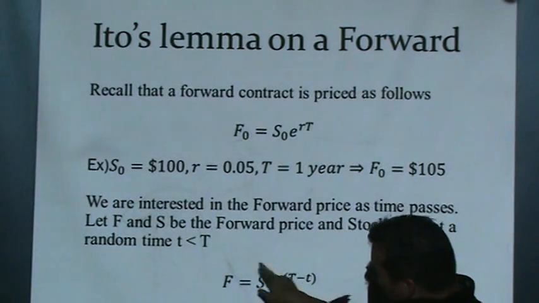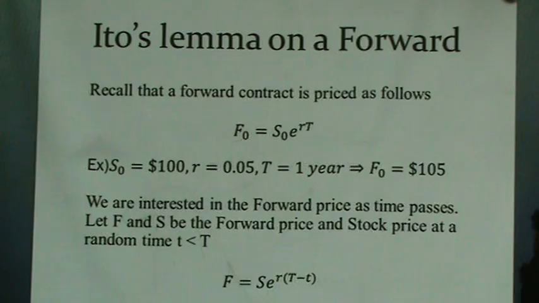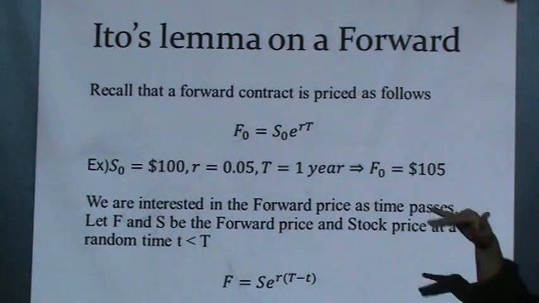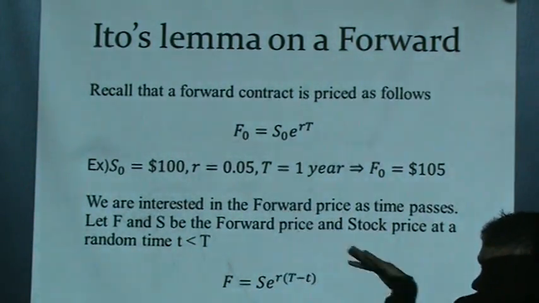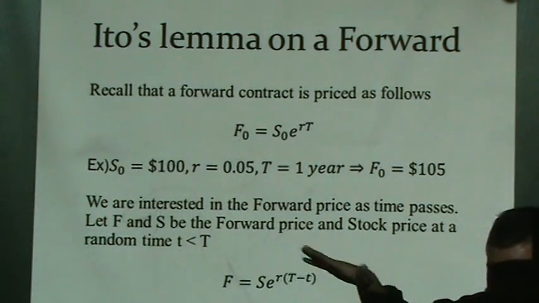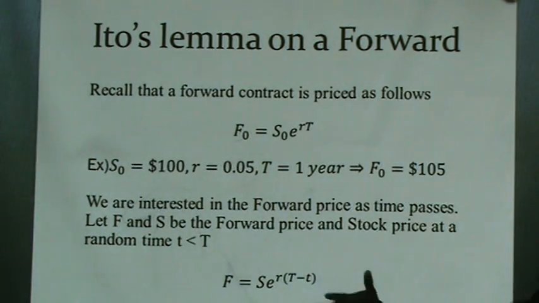So this formula will tell you the current value of the forward. As the stock price is jumping up and down, the forward price is moving differently, right? In fact, if the stock price was angling upward with the interest rate, the forward price would stay completely constant.